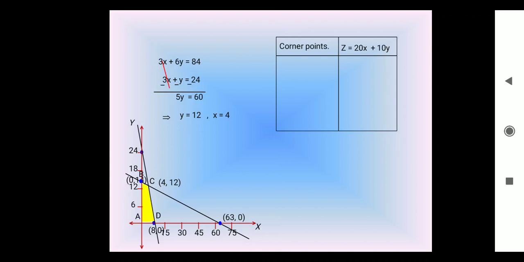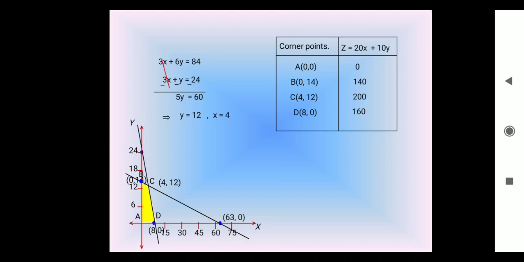Consider the table. The corner points O of 0 comma 0, B of 0 comma 14, C of 4 comma 12, D of 8 comma 0 are the 4 corner points of the graph. When we substitute these 4 points in Z, we get Z as 0, 140, 200, and the last one is 160.